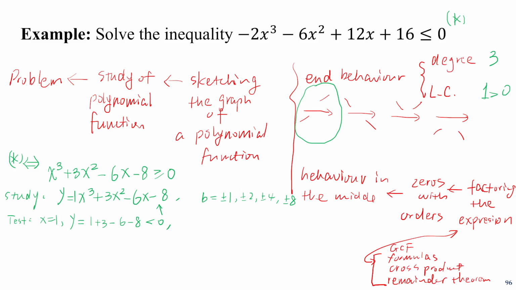Let's see, if x equals 2, we will have y equals 8 plus 12 minus 12 minus 8. So that is exactly 0, right? That means x minus 2 is a factor of this expression.